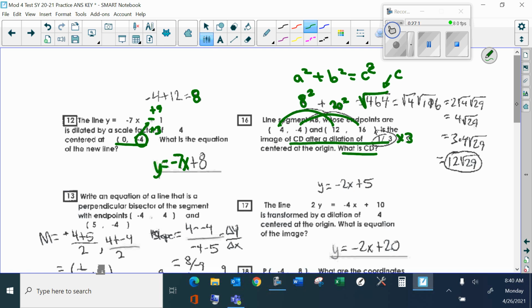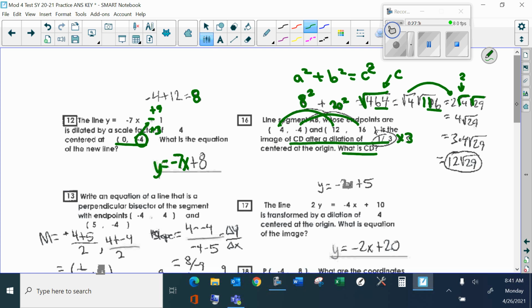Then I simplify that. 4 goes into 464: 4 times 116, and the square root of 4 is 2. And 116 simplifies because 4 goes into 116 29 times. So I have 4 times 29, and the square root of 4 is 2 again.